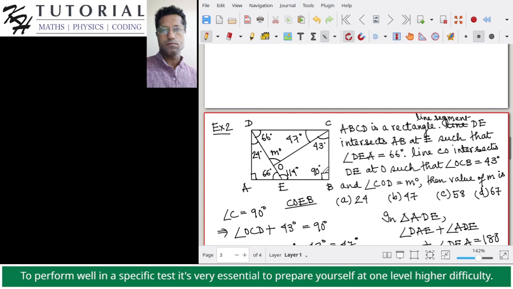So we can easily find angle COE, the angle O of the quadrilateral. Once angle O is found, we can easily find m, because m and the angle O of the quadrilateral are a linear pair and their sum is 180 degrees. That way also we could have found the value of m.